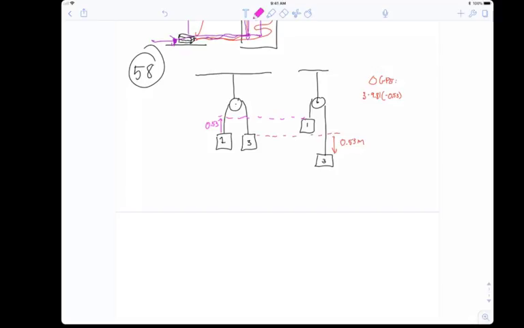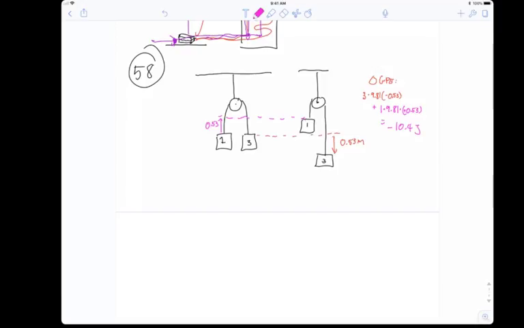So it's 1 times 9.81 times 0.53 plus. So you calculate this out. Minus 10.4 joules.